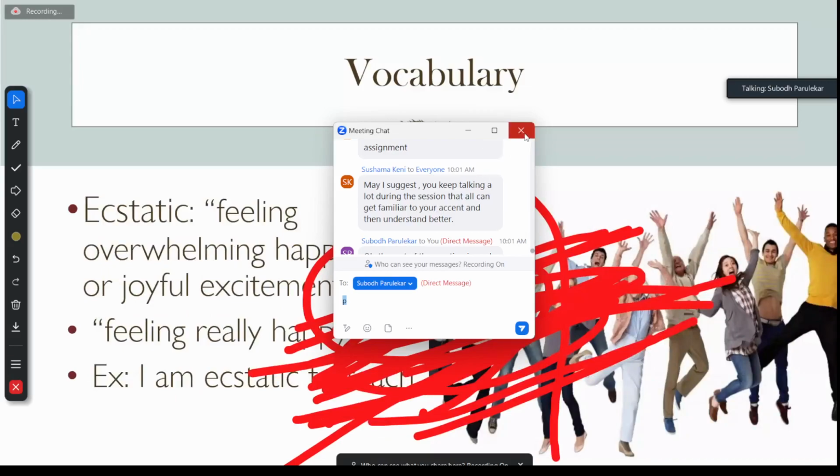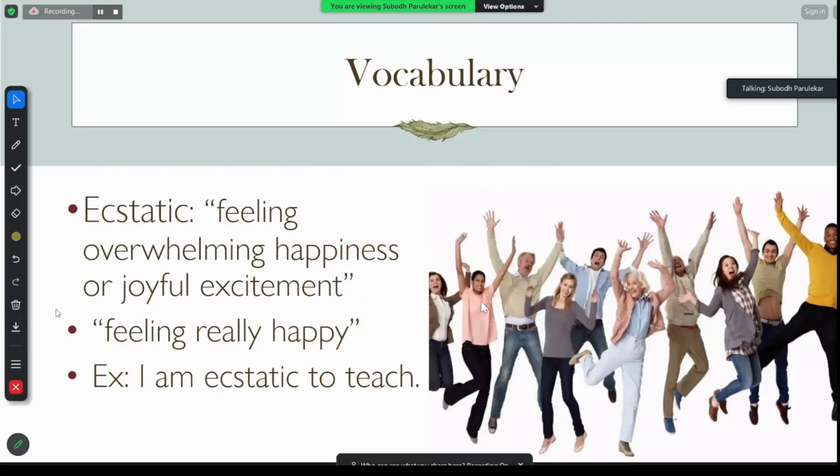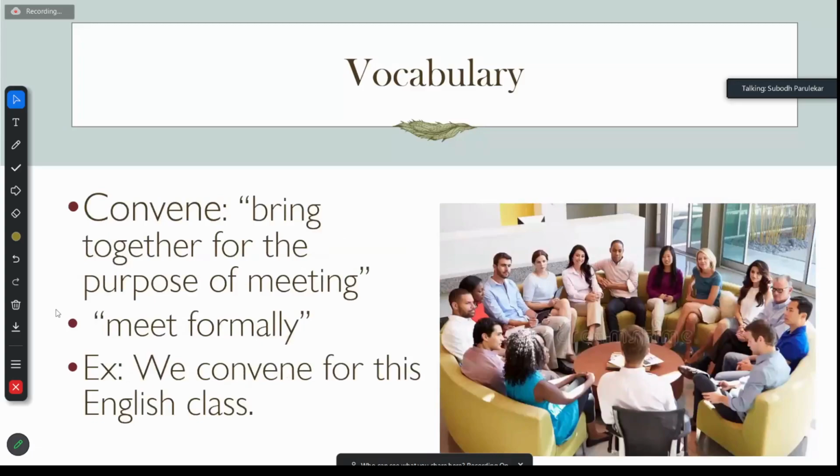I would seriously recommend not drawing on the PowerPoint, but see here I'm using 2 example sentences of the words ecstatic and convene. So what I'm asking you to do is, like I did, write 2 example sentences using convene and ecstatic. Don't use the examples I gave.